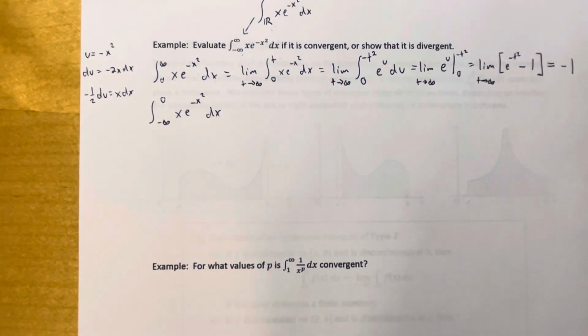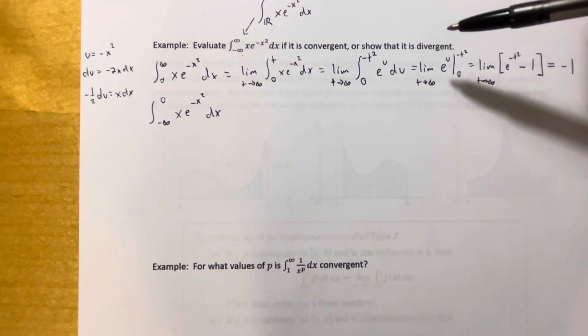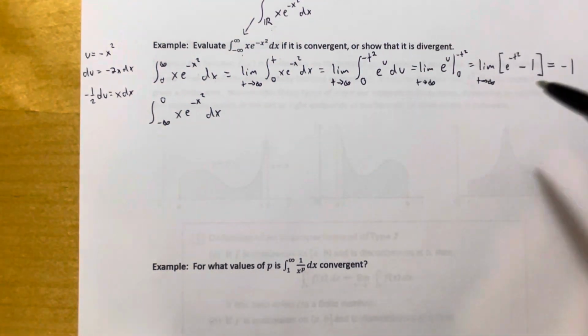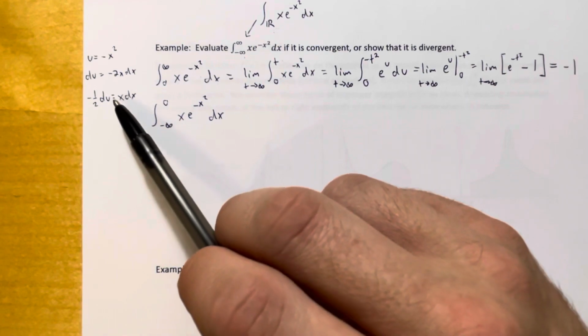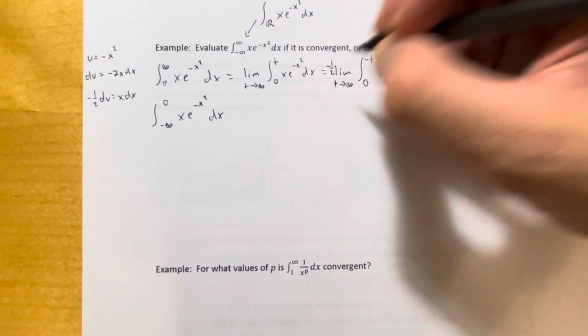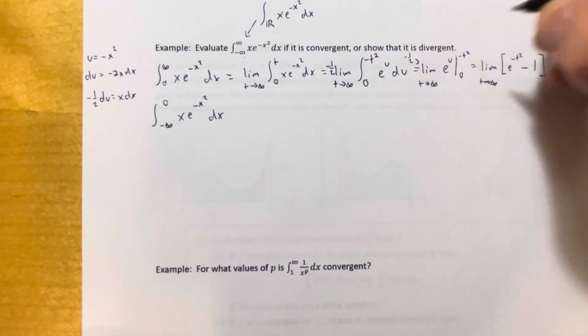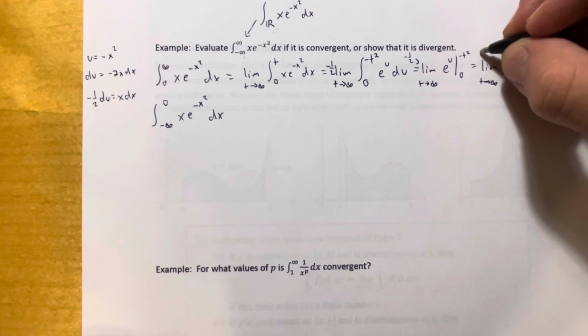Okay? That's what's happening there. Well, I think this one was supposed to come out to a positive 1. I see what went wrong. I made a little mistake here. I forgot that it's negative 1/2 du. I do need a negative 1/2 there. Let me include that everywhere.